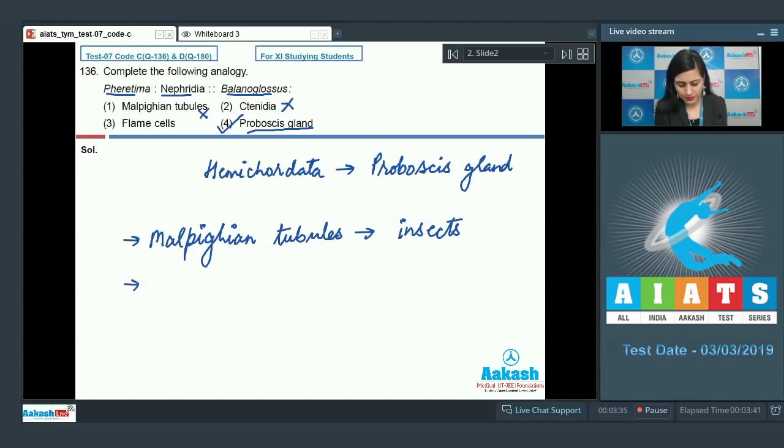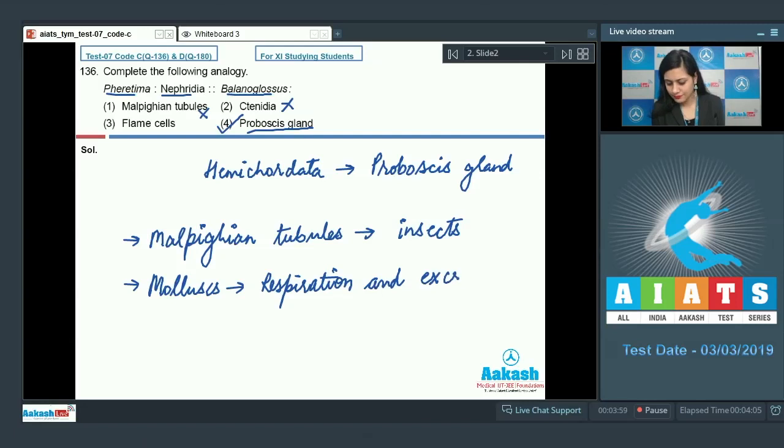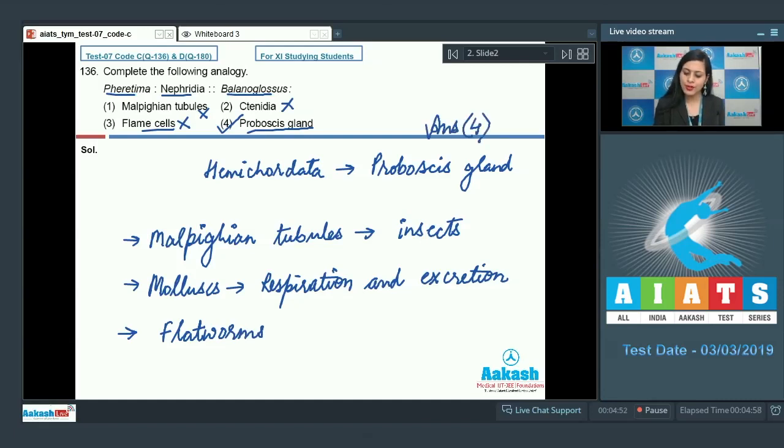Ctenidia are found in mollusks and perform both respiration and excretion. And the next option is flame cells, and this is an incorrect option because flame cells are the excretory structures of flatworms or platyhelminths. So the correct answer to this question is option number 4.